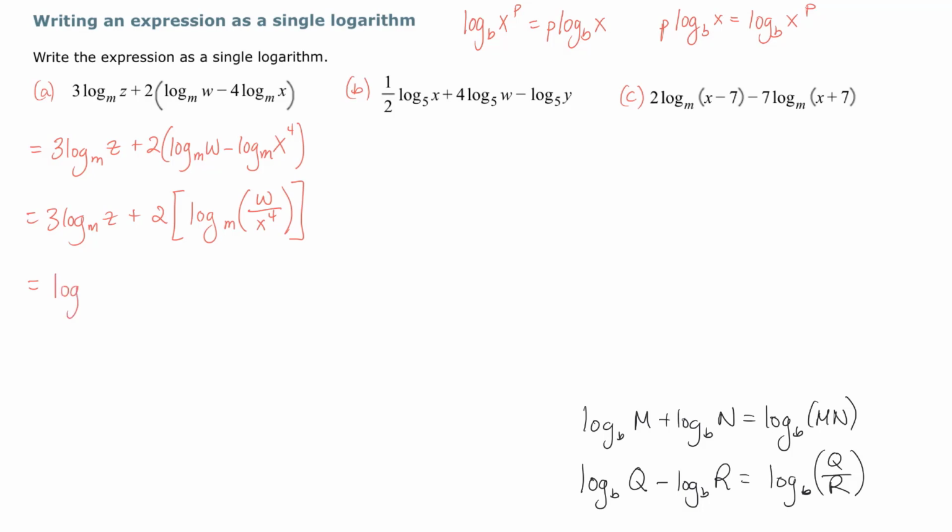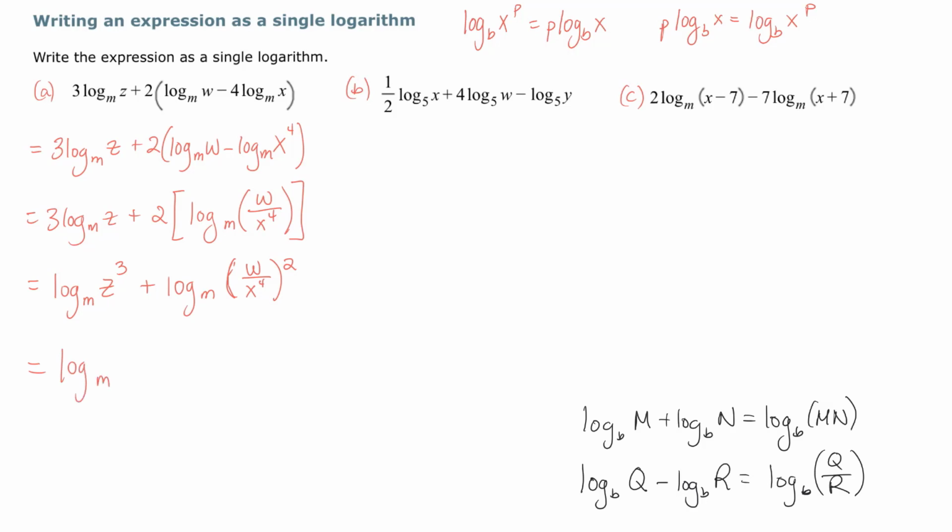We're going to take log base m of z, put that to be z to the 3rd power, plus log base m of w over x to the 4th, raise that to the 2nd power. And we have one more log property here, log base m.